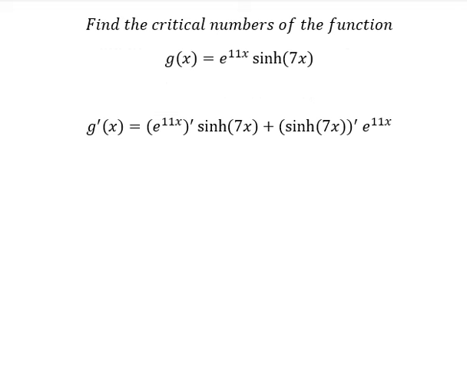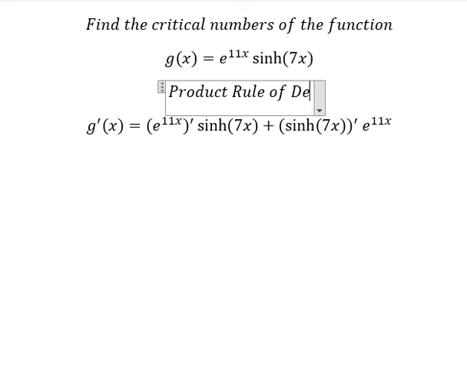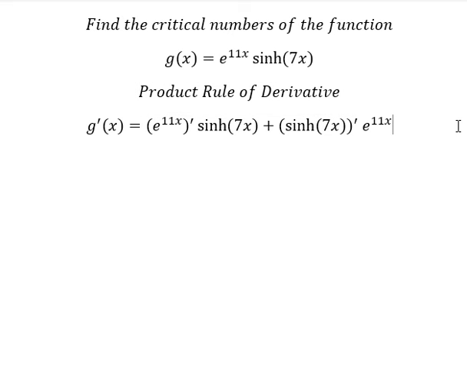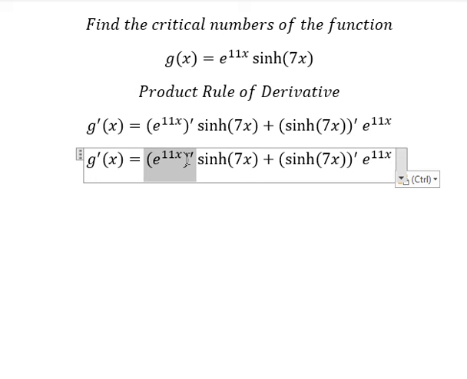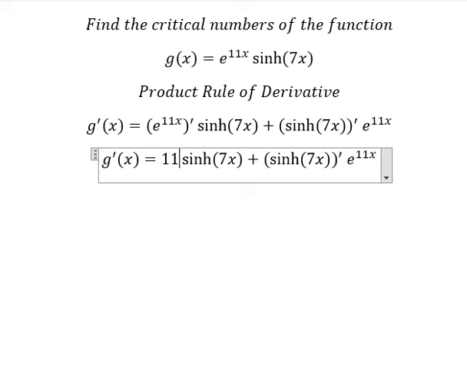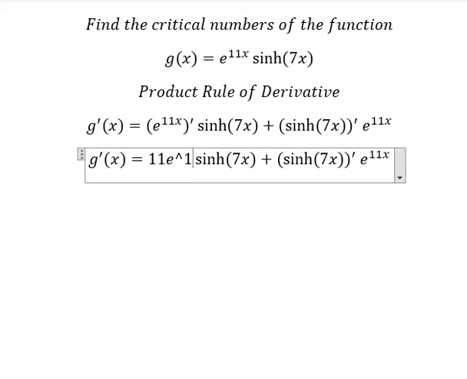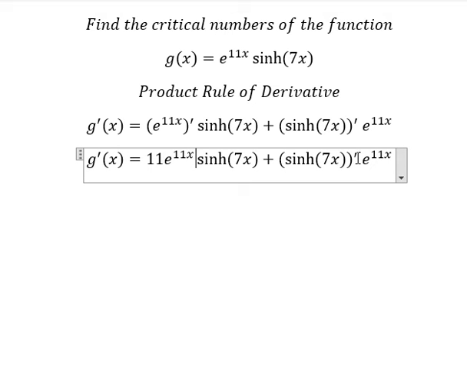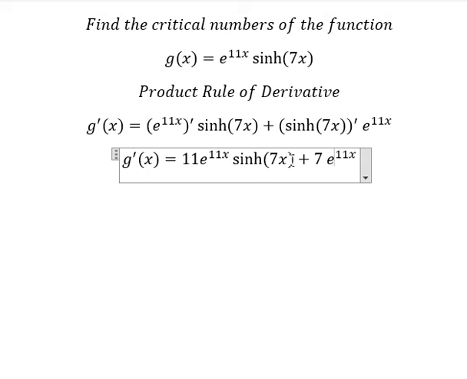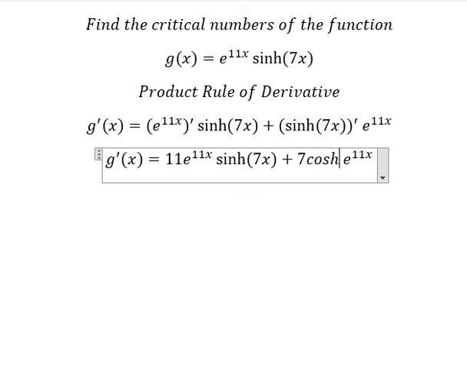That is the product rule of derivative. So for this one, we have 11 e to the power of 11x. This one, we have 7 cos 7x.